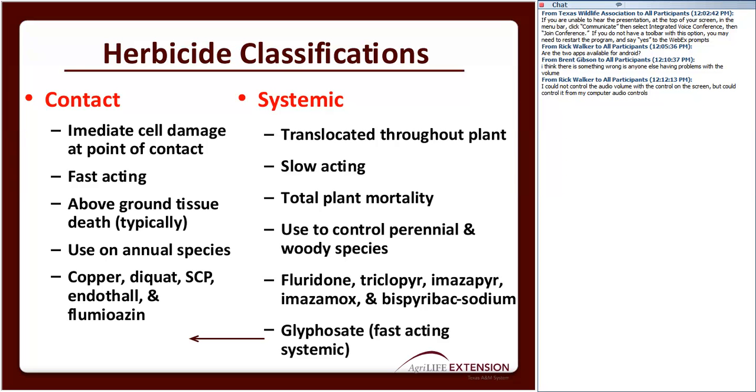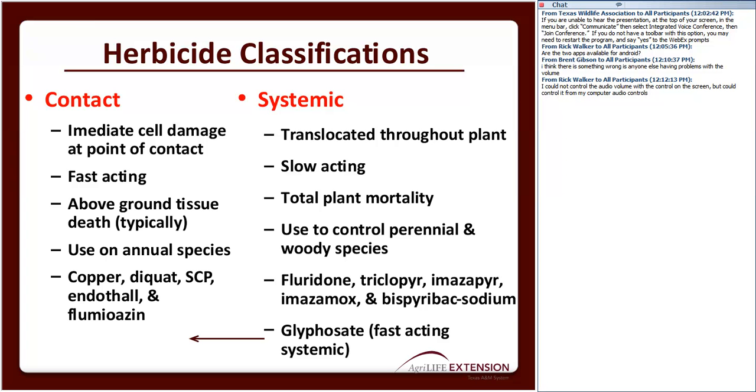The approved systemic herbicides for aquatic use are fluridone, triclopyr, imazapyr, imazamox, and bispyribac-sodium. There's also another one that is listed down below here, glyphosate. Glyphosate is technically a systemic, but it's what we call a fast-acting systemic.